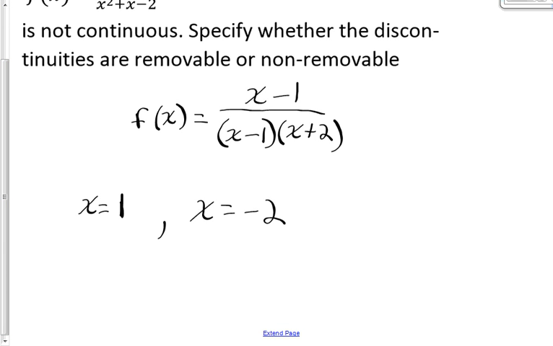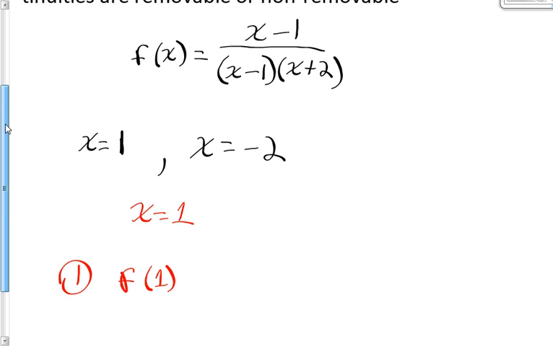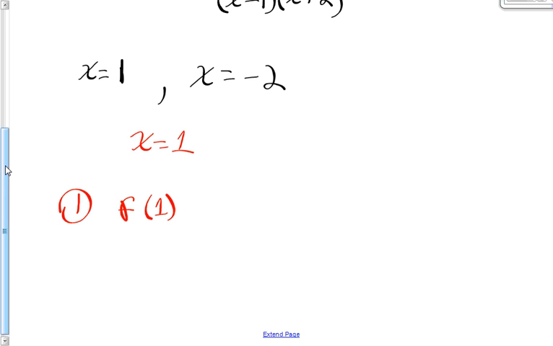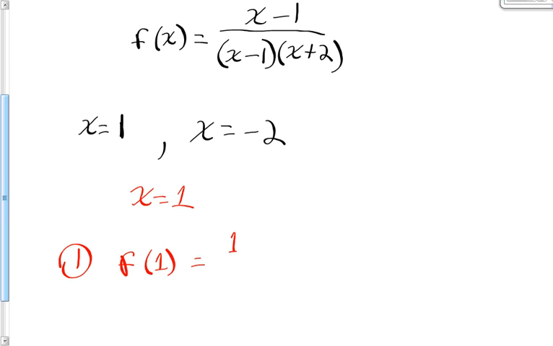Let's start with x equals 1. The first thing I want to check is that f of 1 is defined. f of 1 would equal 1 minus 1 divided by 1 minus 1 times 1 plus 2.